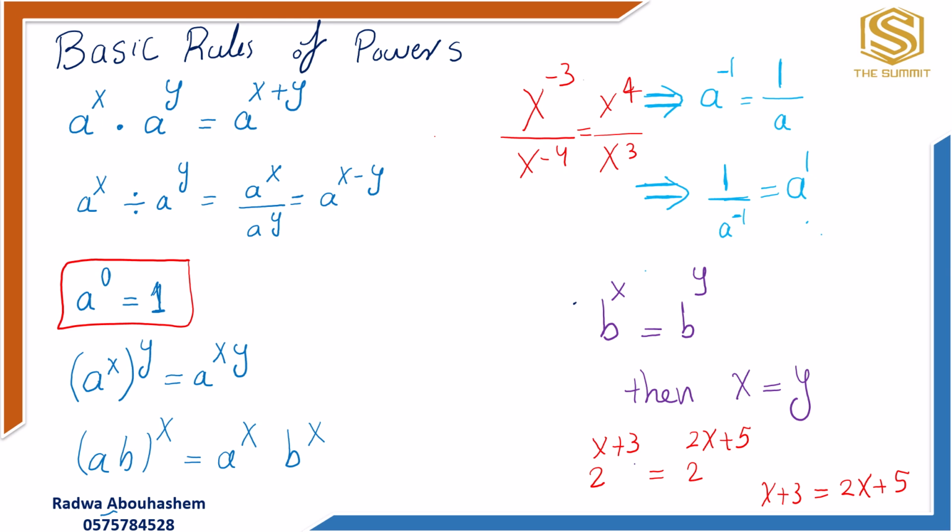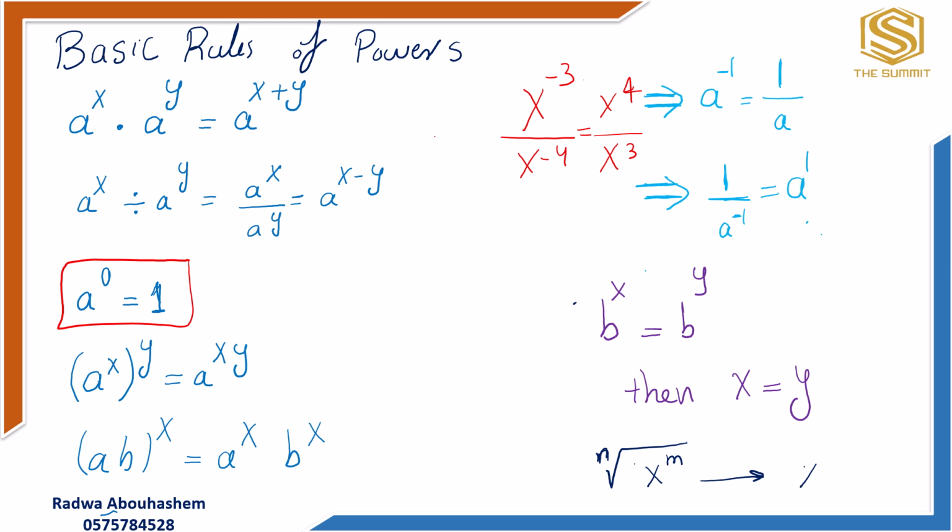Also, we have another rule when you have a radical. For the radical, this is called the index. All the time the radical is converted to a fractional power.